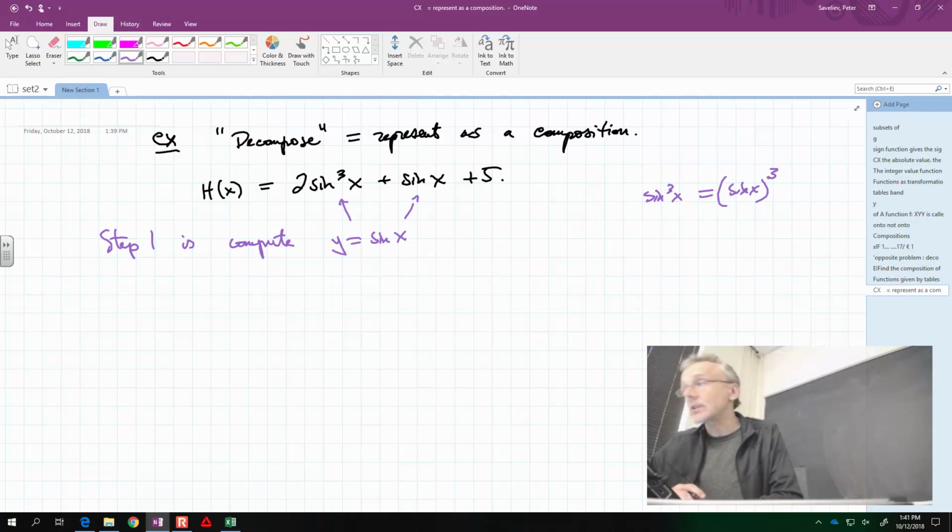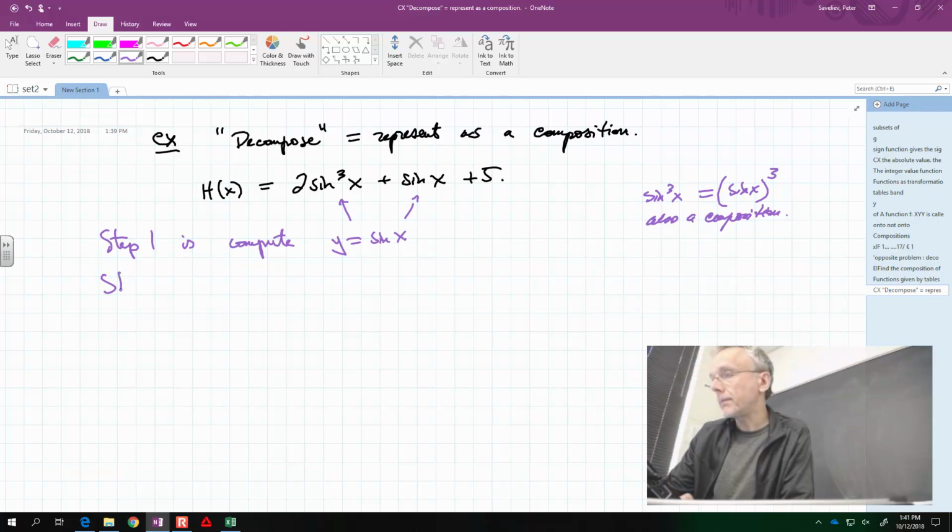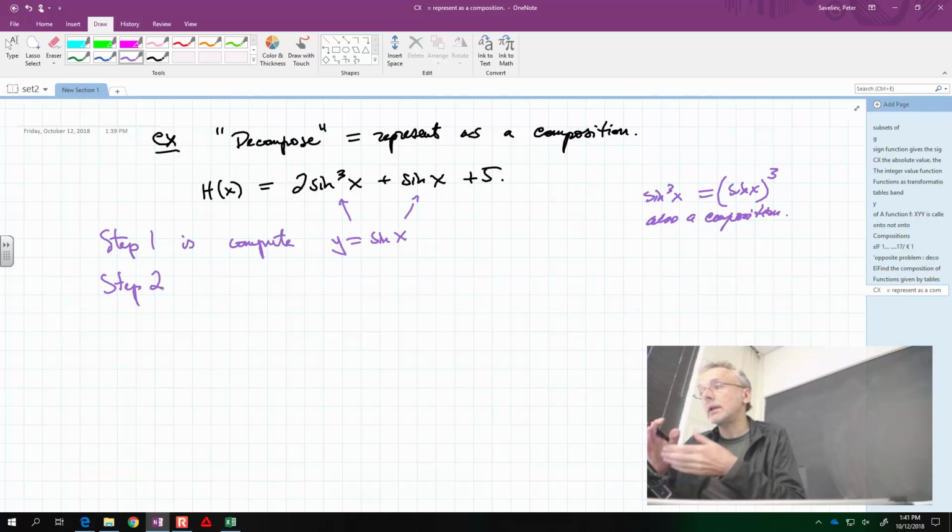So sine cubed x is a composition of its own. Okay, but now we just have this step to be carried out, and it is being fed into two different locations in my new function.